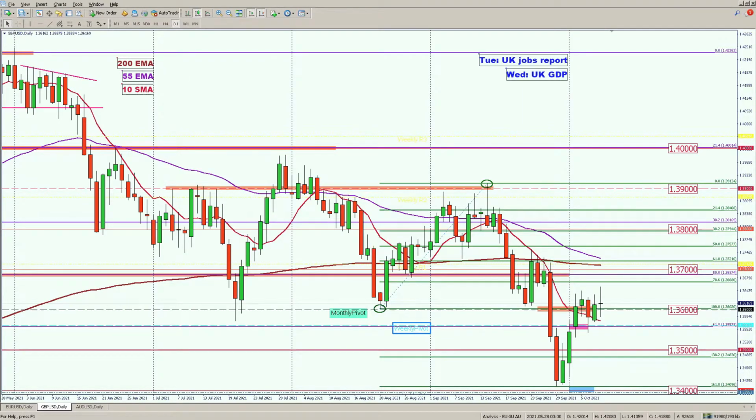But only just, and it needs to find support to try to gather momentum and climb up to test the 50 fib retracement just below the 137, which is this resistance zone down here. So for now, the support is going to be at the 62 fib at the previous week's weekly pivot.